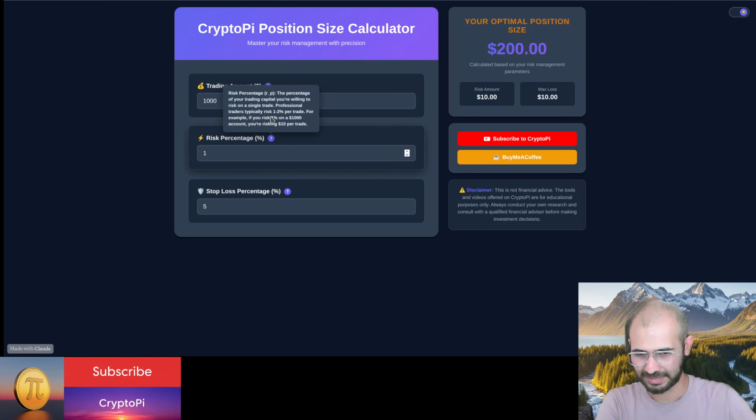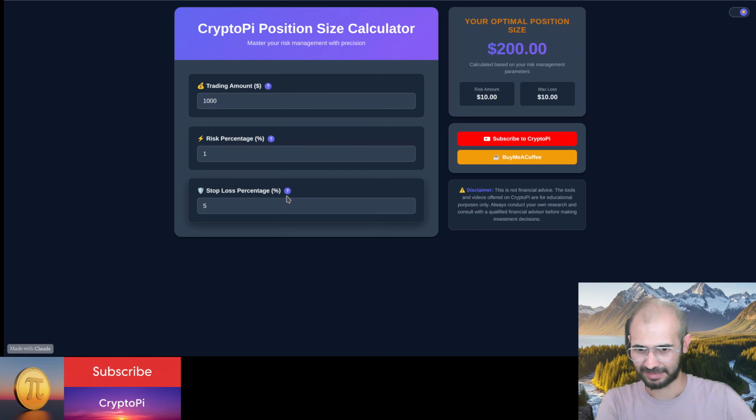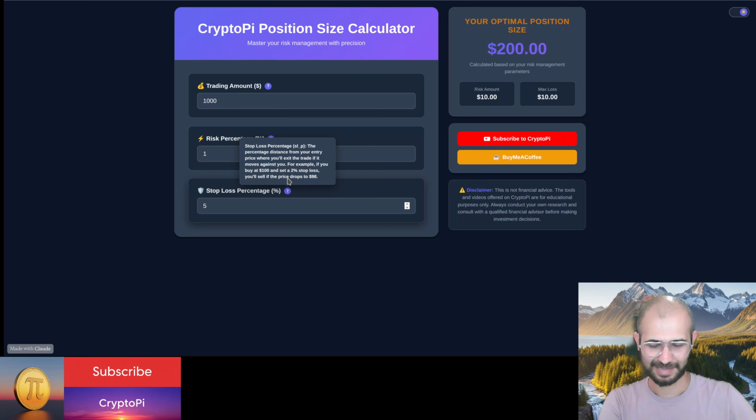The risk percentage is the amount of risk I am willing to take per trade. And stop loss is how far I am going to allow the price to go in the opposite direction to my expectation before I say, all right, this is not going my way.